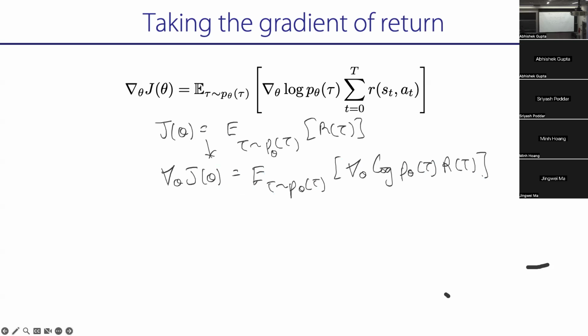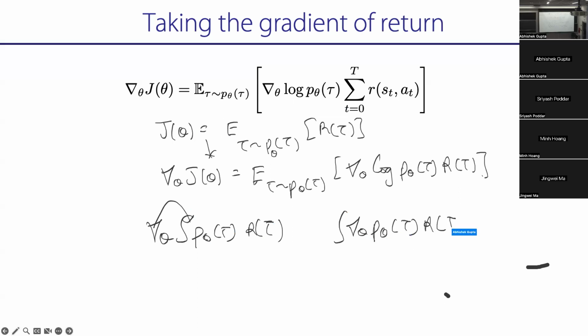Well, after we pull the gradient in, we did the reinforce trick where we multiplied and divided by P theta tau. Perfect. So we wrote this as the integral of P theta tau R tau. We took the gradient and moved the gradient inside. So we got grad theta P theta tau R tau. And then we multiplied and divided by P theta tau.